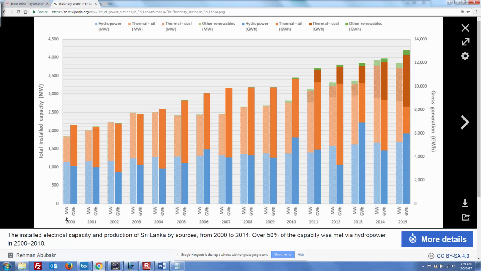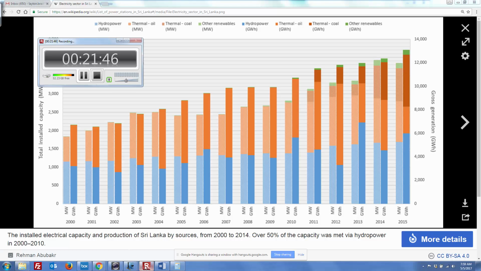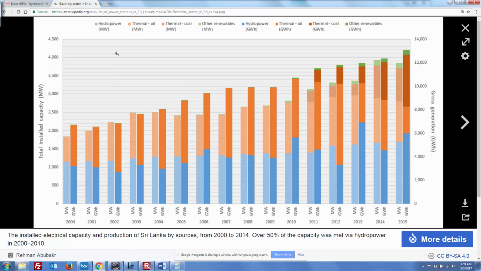Is megawatts describing power or is megawatts describing energy? Energy. Megawatts is power. Gigawatt hours is energy. Okay. Yeah, this is important.